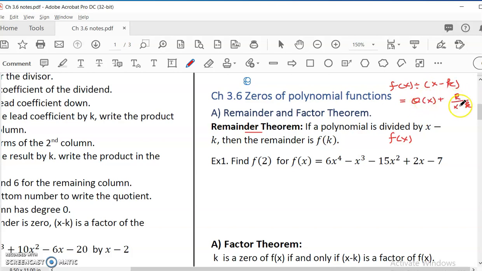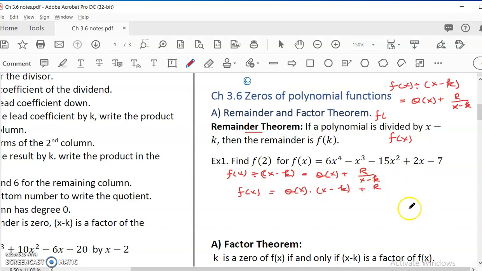Now, if I multiply both sides by x minus k, this is what we know: f of x divided by x minus k is equal to the quotient plus the remainder over x minus k. So if I multiply both sides by x minus k, assuming that x is not equal to k, f of x would equal q of x times x minus k plus r.